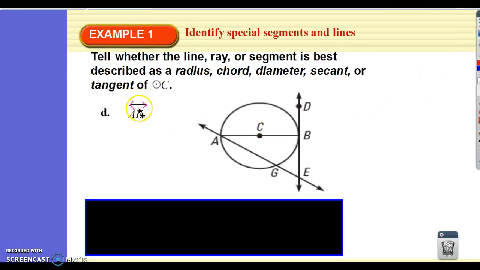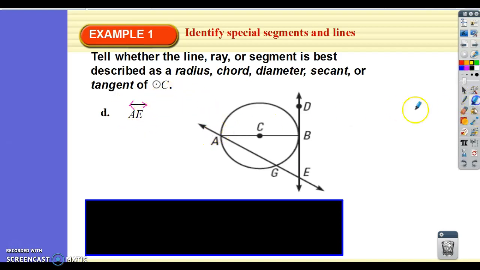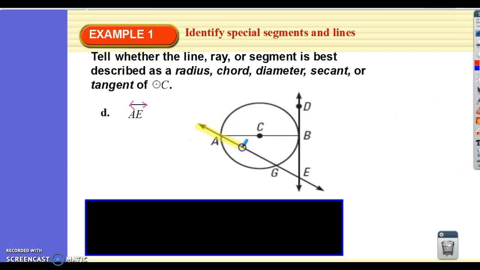With arrows on both sides, that is a line. Line AE. This line cuts through the circle and intersects it at 2 points. Is it a radius? No, it doesn't go from the center to one side.